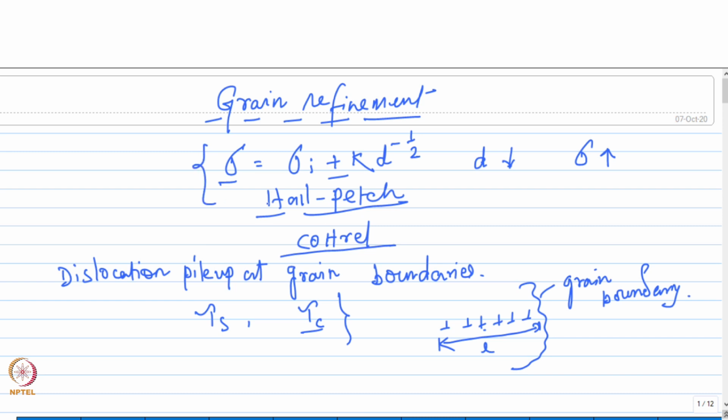Okay, but there are certain limitations of this pile-up theory, because as we have seen, this is based upon the stress which is developed by the dislocation pile-up. So you need a large enough pile-up for that to occur.